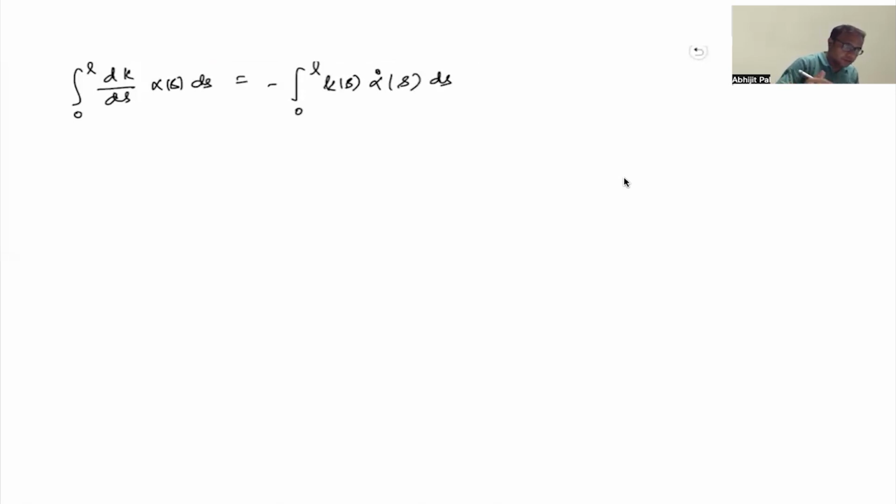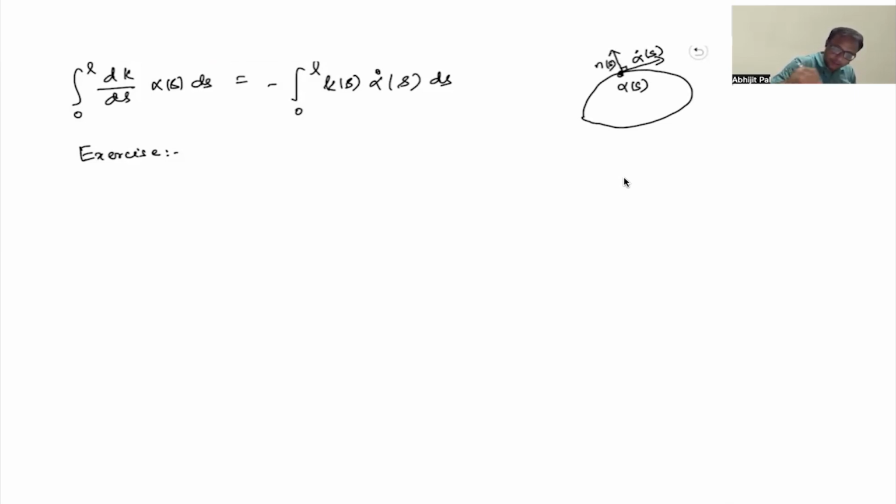Now, the next thing you can show is the following. Exercise: if I take this curve alpha, we have this tangent vector, which is my alpha dot (s), and we have this unit normal vector n(s).